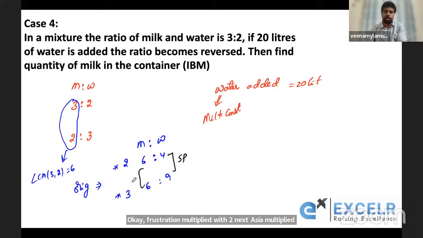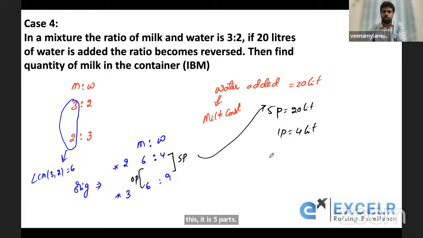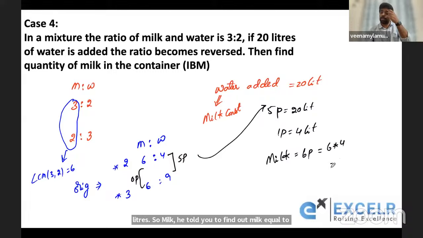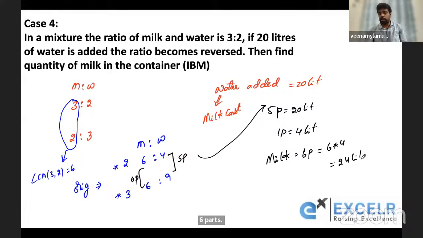From here to here, 0 parts. So water added is 5 parts, which is 20 liters. So one part is 4 liters. Milk is 6 parts, so 6 into 4 is 24 liters. That's it. Understood?